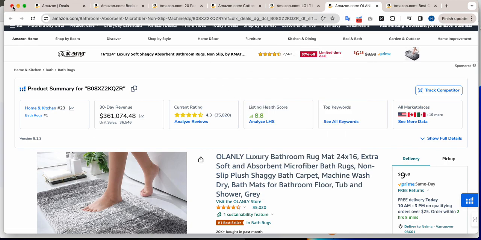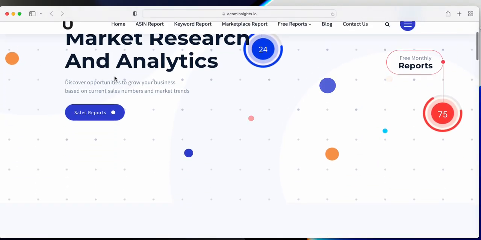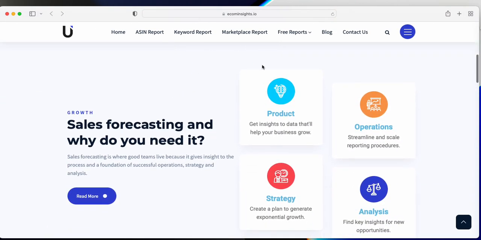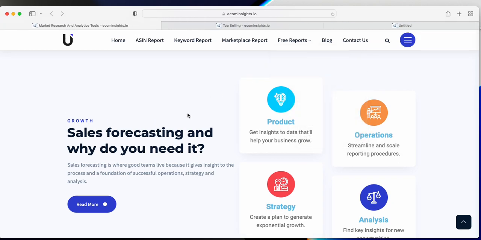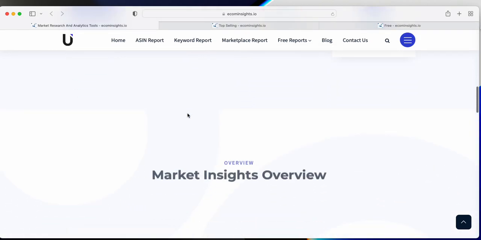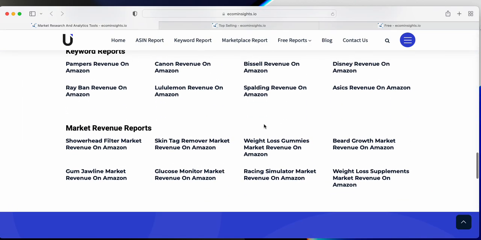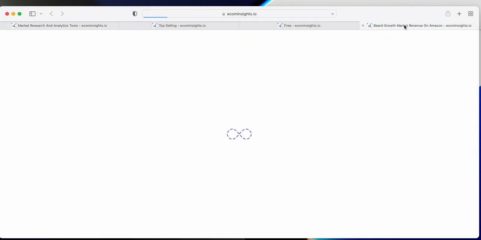Another method you can do is go to our Ecom Insights site, which is ecominsights.io, and we have two different types of reports: top selling products for particular brands, keywords, and we also have a market update report for search volume.